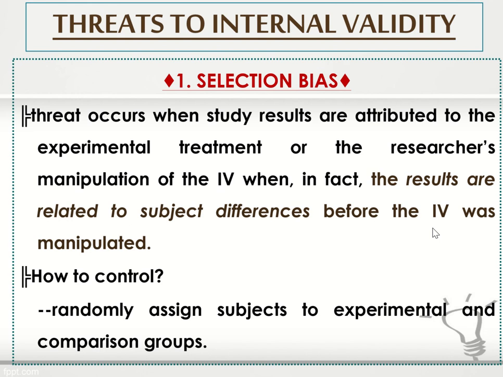Again, the results are related to subject differences before the IV was manipulated. So nangyayari to sa experimental studies when subjects are not randomly assigned to experimental and comparison groups. So we can control this threat by randomly assigning participants to experimental and control group.